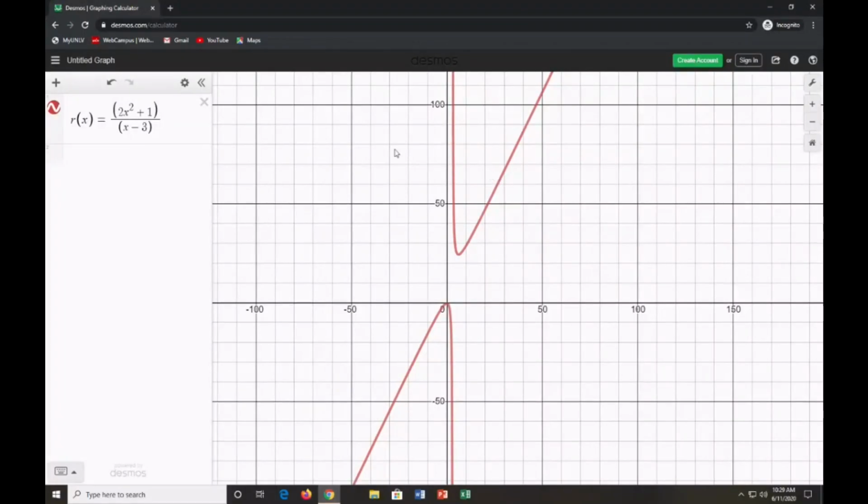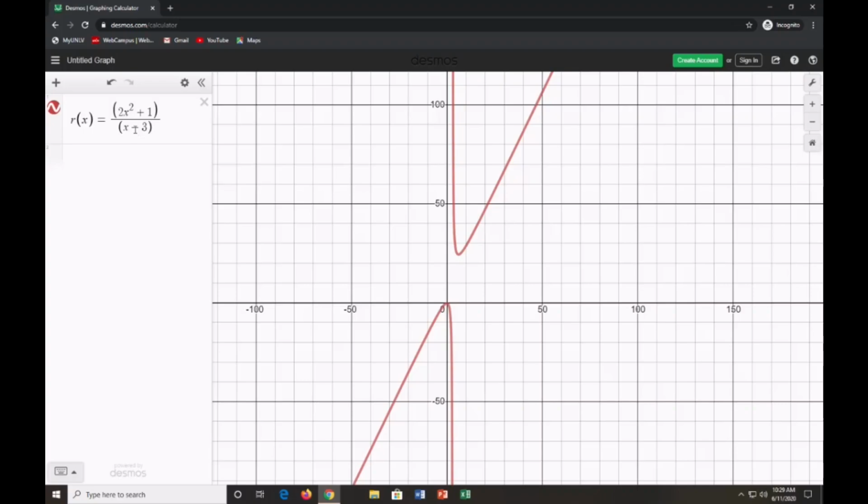And we can ask, how do we know what that line is or where that line is? Well, take a look at this rational function that you have on the screen, on the left side here in this corner. If you use long division or synthetic division, you're going to be able to find where that slant asymptote is.